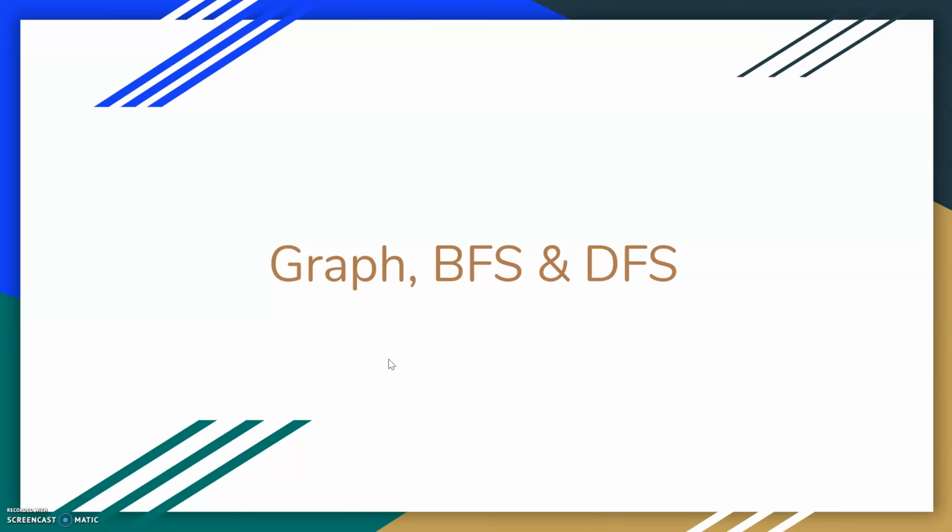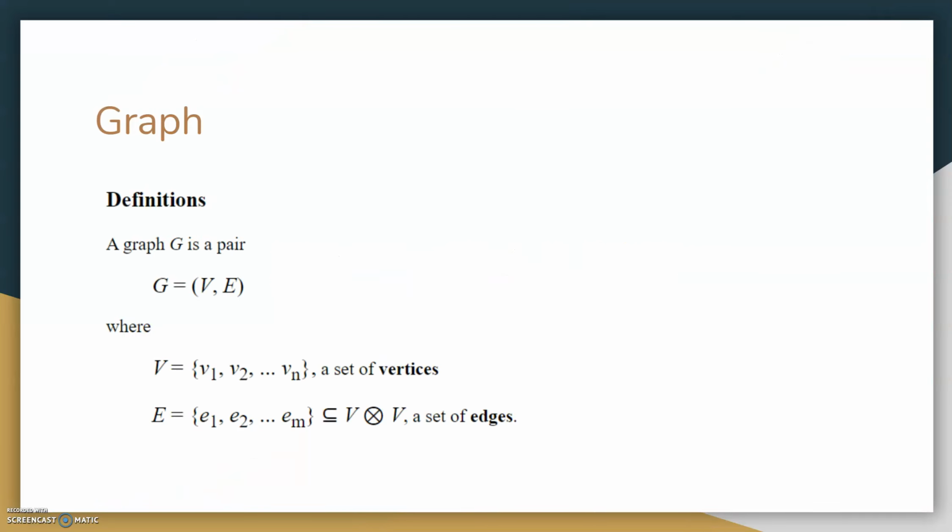First, let me talk about the definition of a graph. A graph is a set of vertices and edges, where the vertices are connected by the edges.